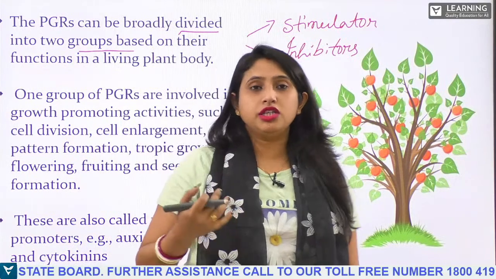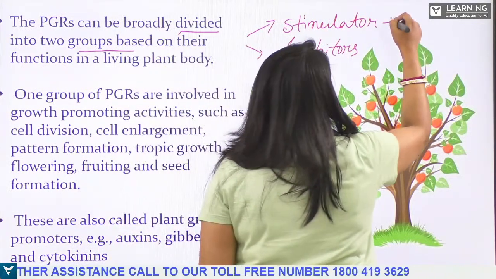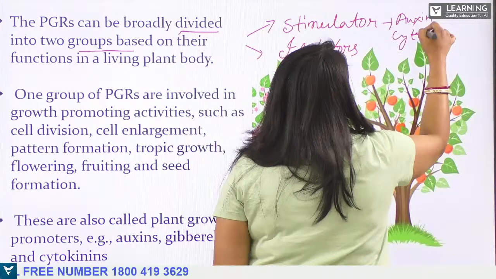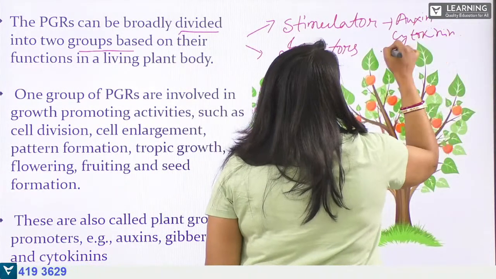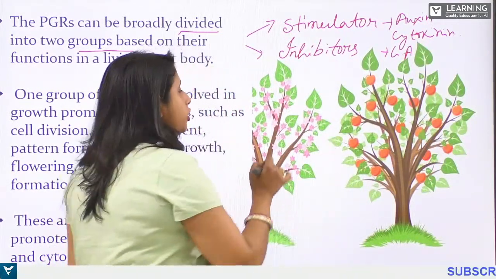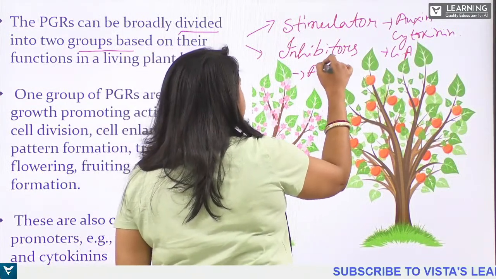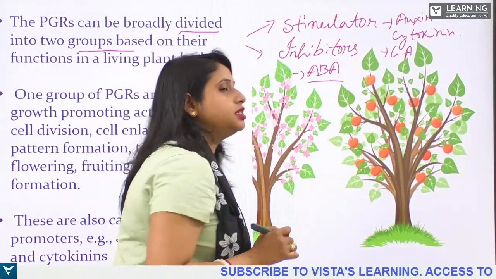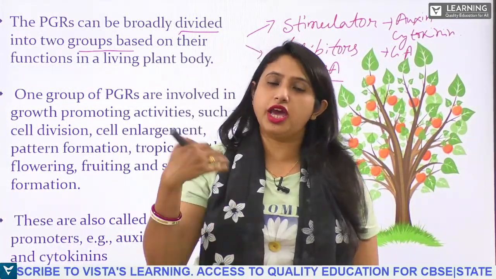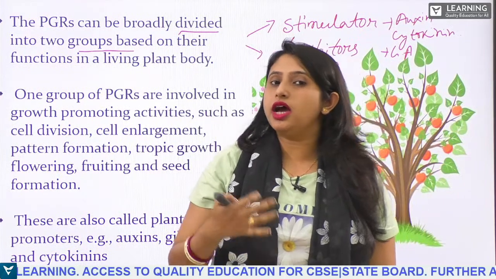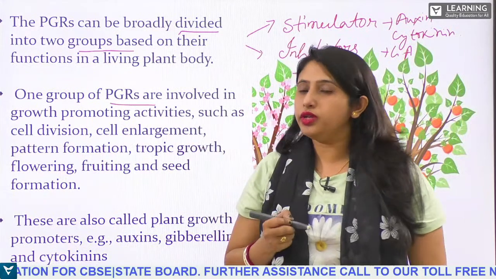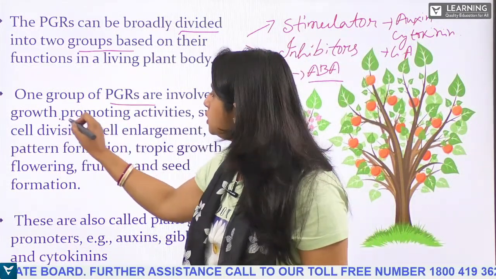The stimulators are auxin, cytokinin, and gibberellic acid. The inhibitor is abscisic acid, and ethylene is a plant growth hormone which acts as both inhibitor and stimulator.